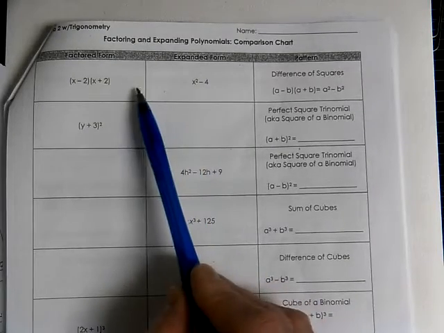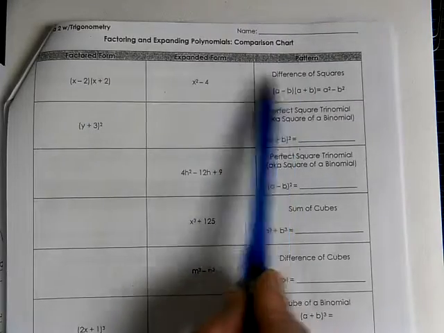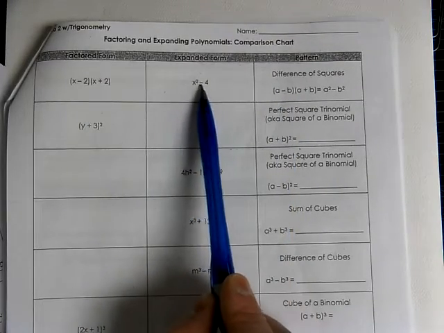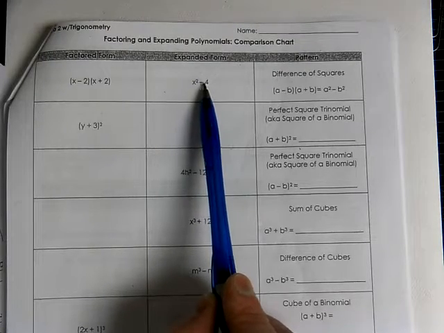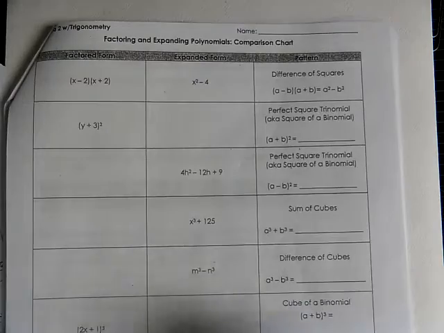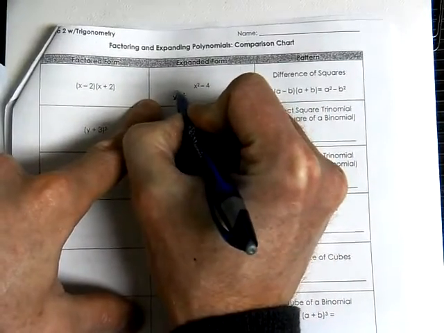So here's what the first row is talking about: when we're factoring, we have the difference of two squares. If you can take the square root of the first term and you can take the square root of the second term, I typically like to write it in there.